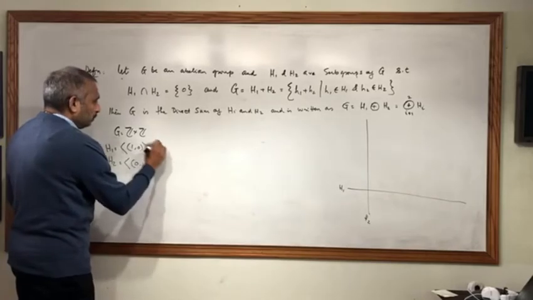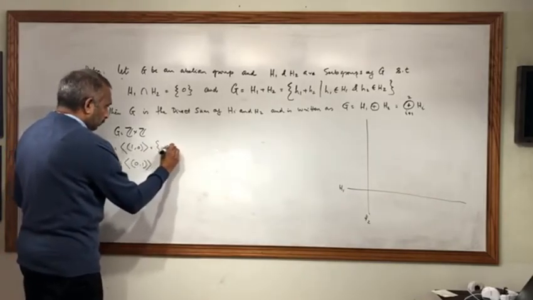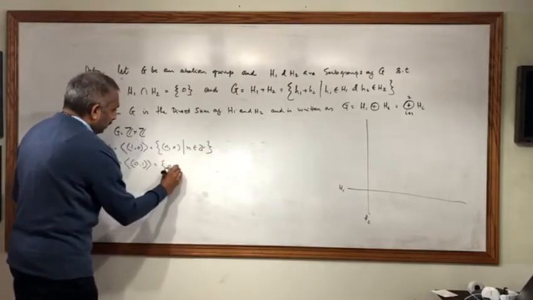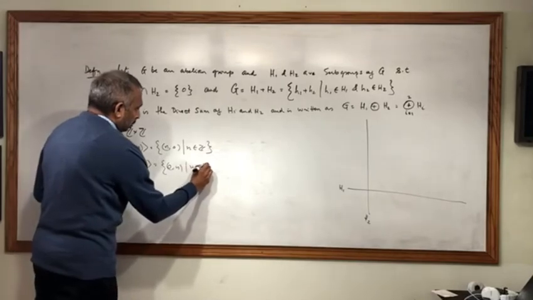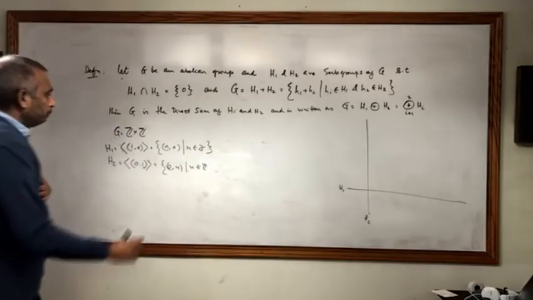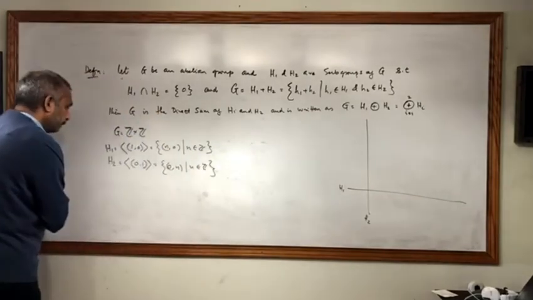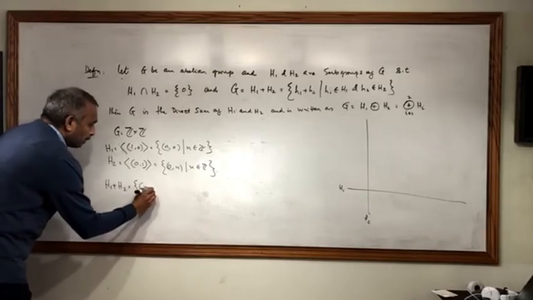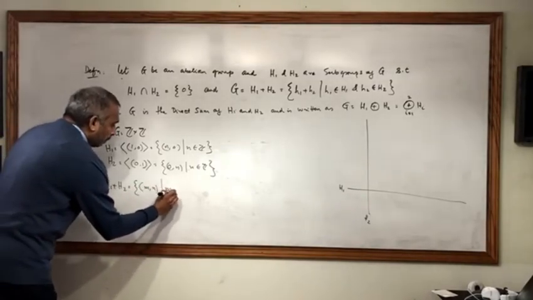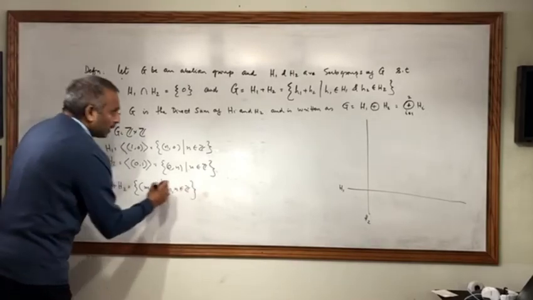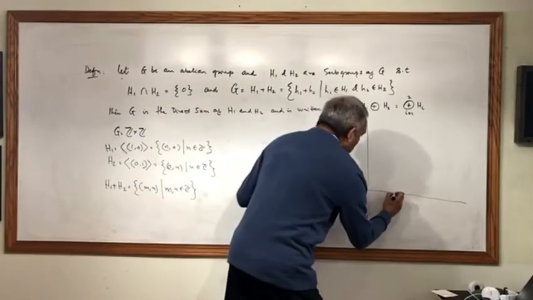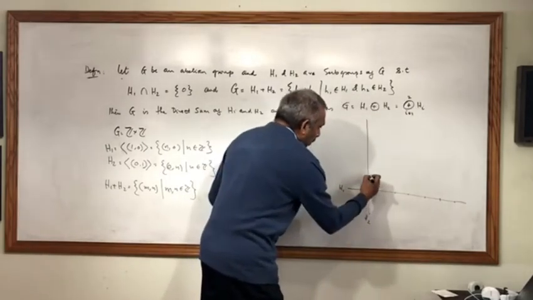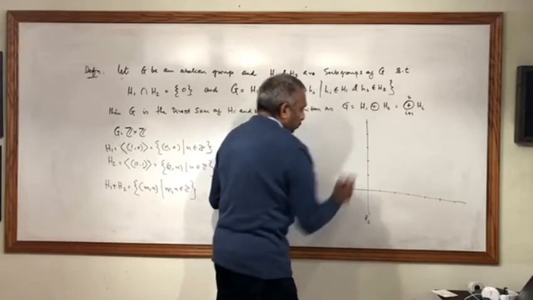H1 is actually equal to n, 0, n belongs to Z. H2 will be 0, n, n belongs to Z. So what happens here? H1 plus H2 are actually m comma n, m, n belongs to Z. These are elements of H1 and these are elements of H2.